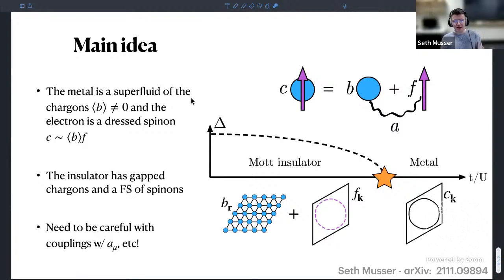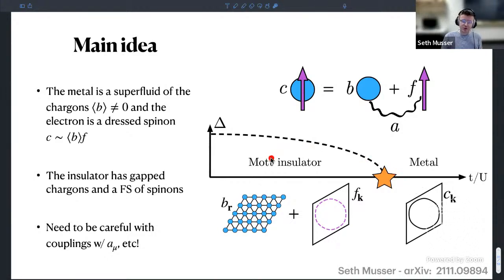The main idea then is that we can think of the metal as a superfluid of the chargons, which means this expectation value of B is non-zero. And the electron is, for most intents and purposes, just a dressed spinon. So B is acting a little bit like quasiparticle residue, just measuring the overlap with the electrons.